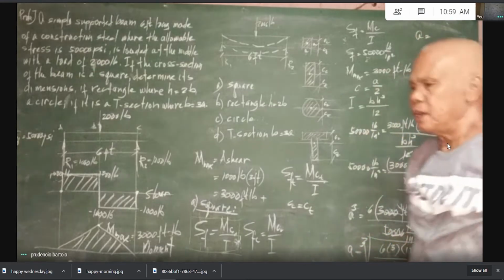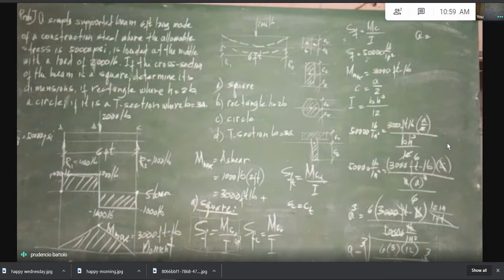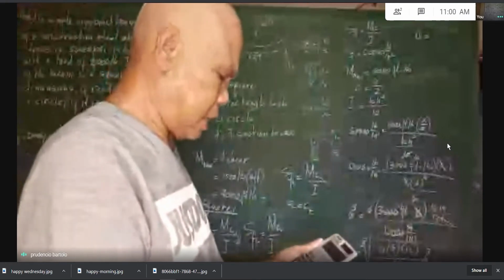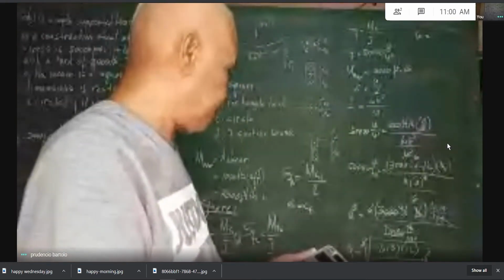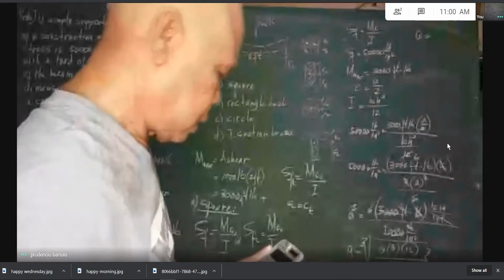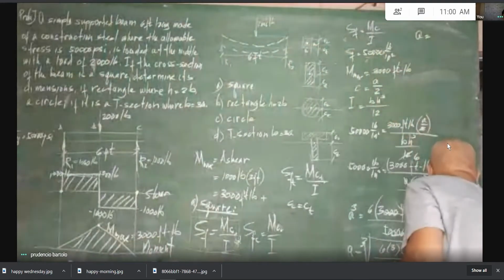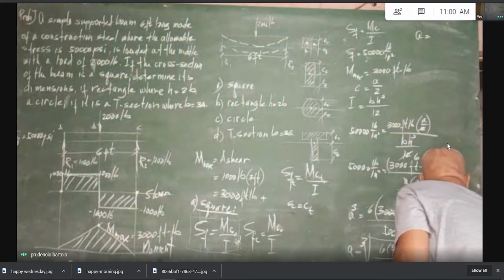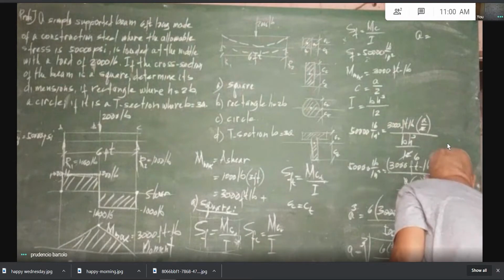Or we can have the dimension a. Dimension a now will be equal to the cube root of 6 by 3 by 12 divided by 50. That is the cube root of 4.32.